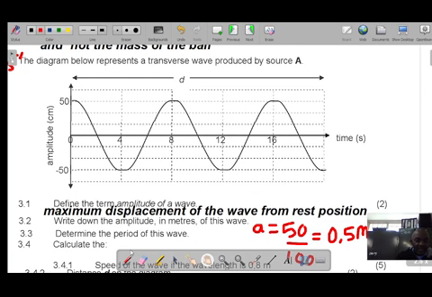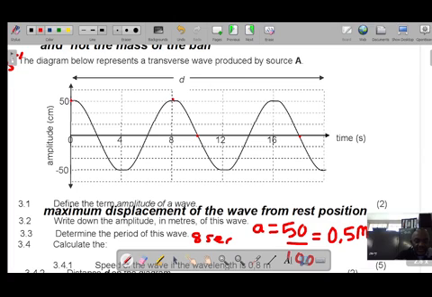Now our points in phase are this one and this one, or this one and this one. So my period of this wave is, from this point, this is a complete wavelength. The time taken for it to pass the point is 8 seconds. So my period is 8 seconds for this wave.